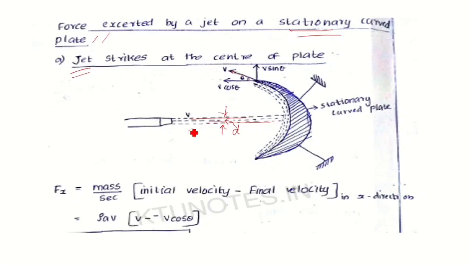As said earlier, the force exerted by the jet on the plate, and this curved plate is also stationary. So we need to find the force exerted by the jet on the plate.